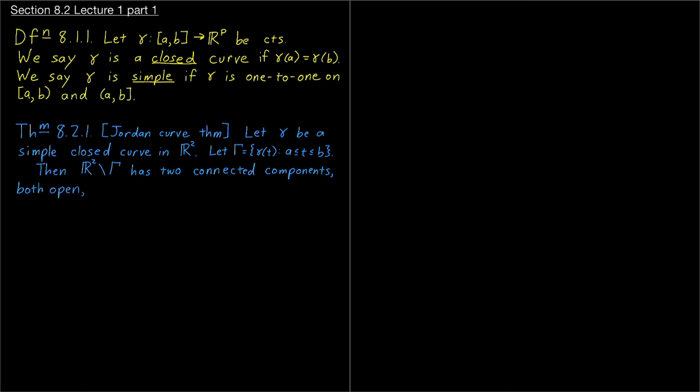Exactly one of the two components is bounded: one is bounded, one is unbounded. And furthermore, both of these connected components have the same boundary, and the boundary is the image of the curve.